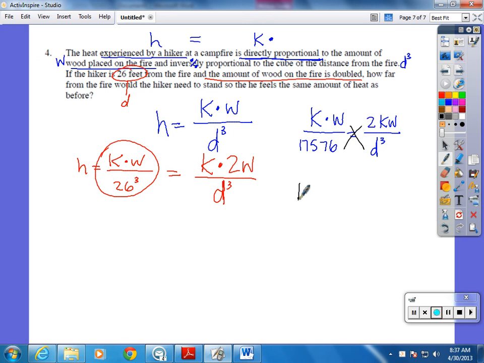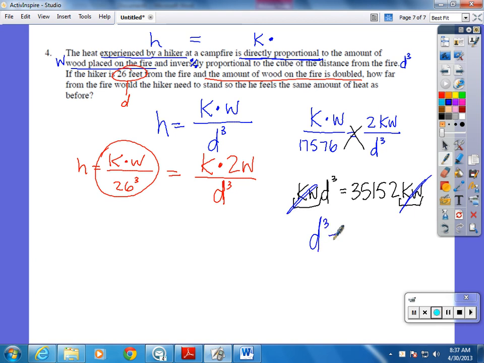So I end up with kWd cubed equaling whatever 17,576 times 2 is, which is going to be 35,152 kW. I have a kW on both sides, which means that they cancel each other out.